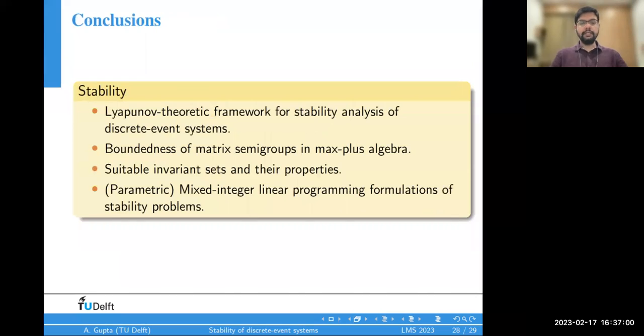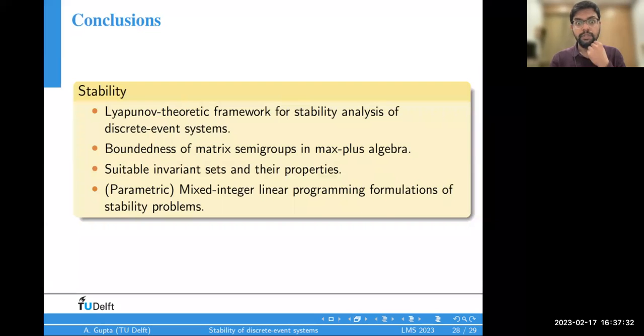Okay, so in conclusion, I studied tools from conventional physical systems. I imported that knowledge of those tools and stability notions to man-made systems that I derived using max-plus algebra.